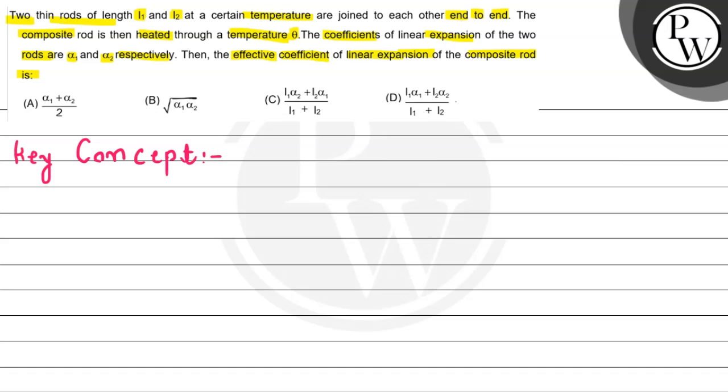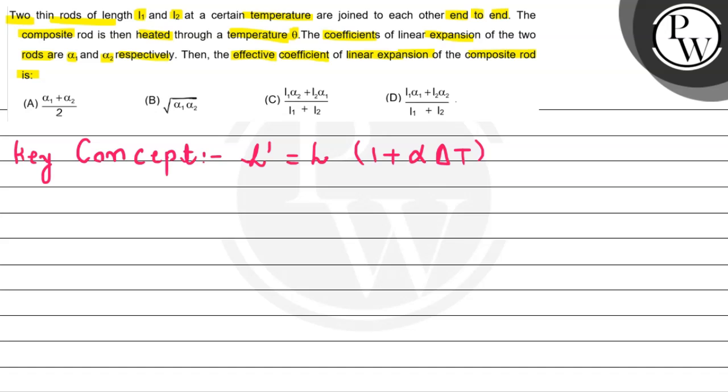The formula is L dash equals L times (1 plus alpha times delta T), where L is the initial length of the rod, L dash is the new length which we got just due to the change in temperature, alpha is the coefficient of linear expansion, and delta T is the change in temperature.